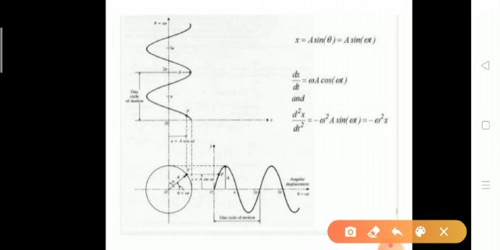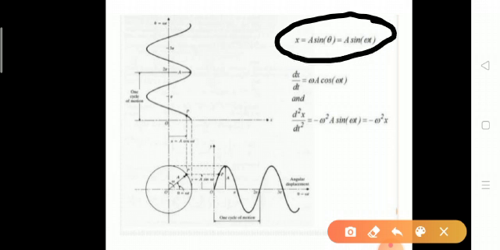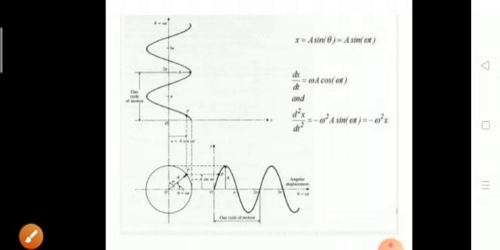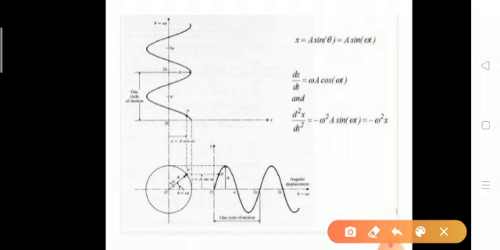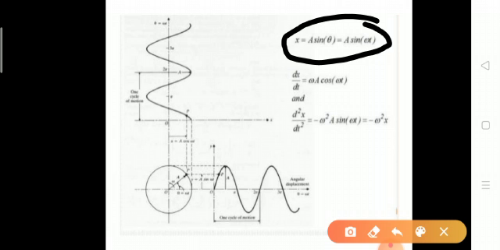So that motion equation will be x is equal to a sine theta, the distance covered by that point, and we can write theta is equal to omega t. This will be your main equation of displacement of that point.